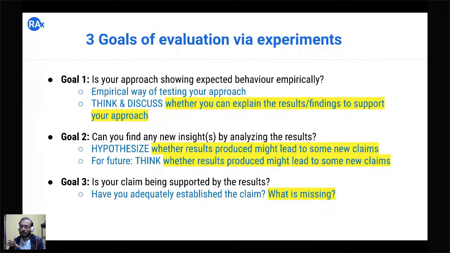Proper science, or proper research in general, should not be the other way around. It should not be that I am so fixated and obsessed with my claim that I somehow need a result which will help me support my claim.